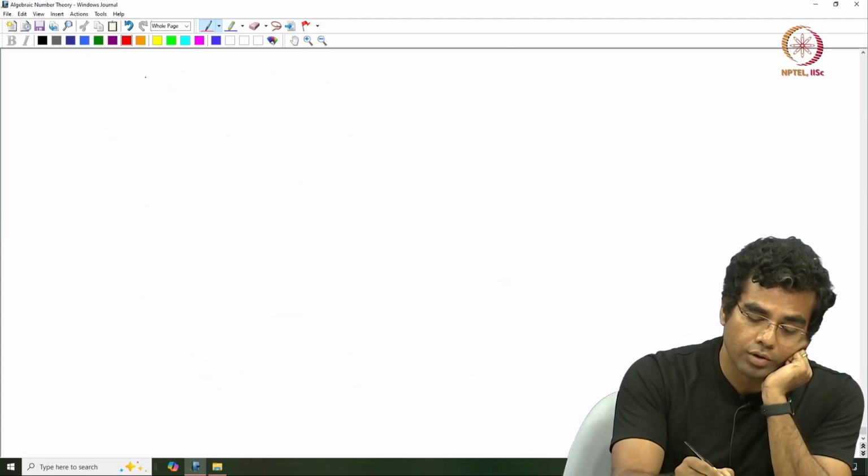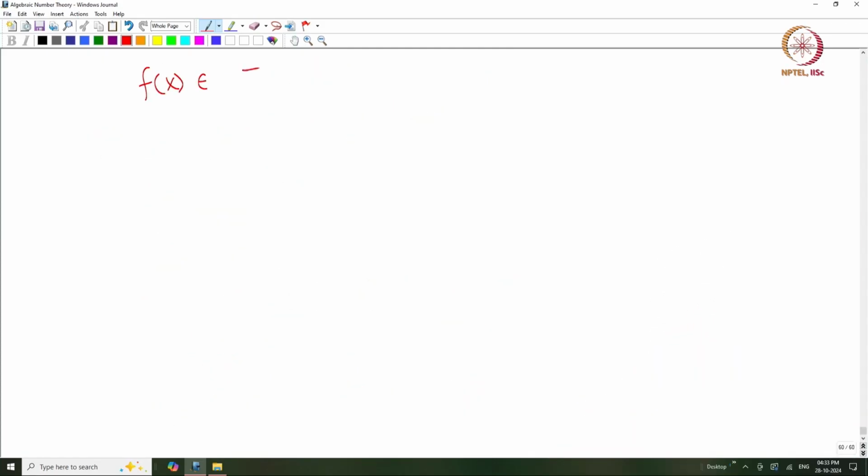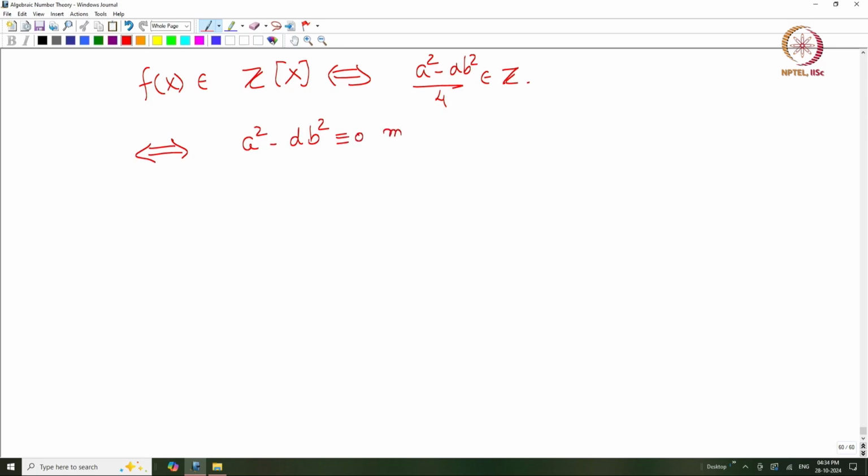Now, f of x is in Z[x] if and only if a squared minus d b squared by 4 is in Z, right, which is if and only if a squared minus d b squared is congruent to 0 mod 4, right.